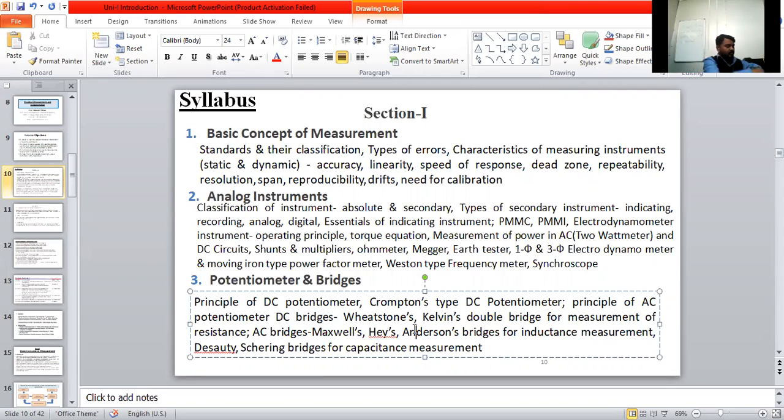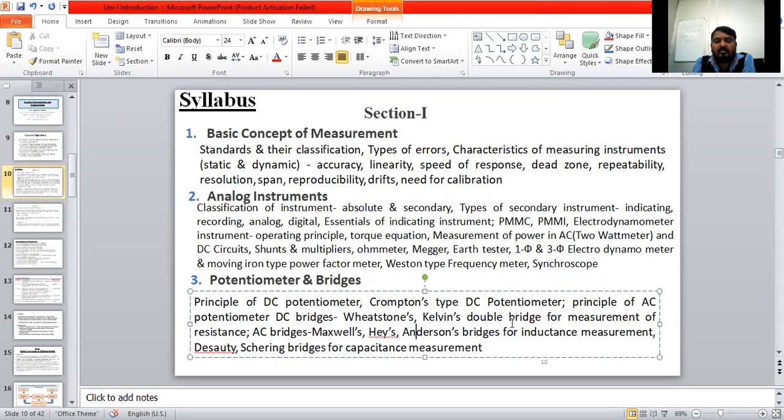To measure medium to high resistance, Wheatstone derived the Wheatstone bridge. So the Wheatstone bridge is used for the measurement of medium resistance.